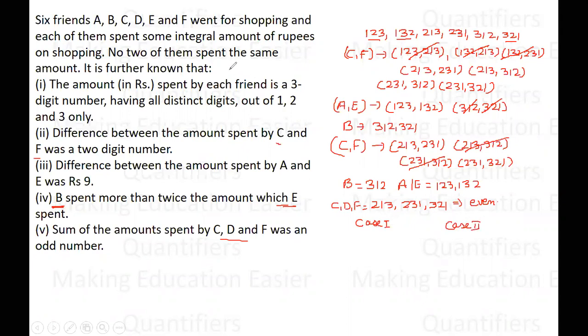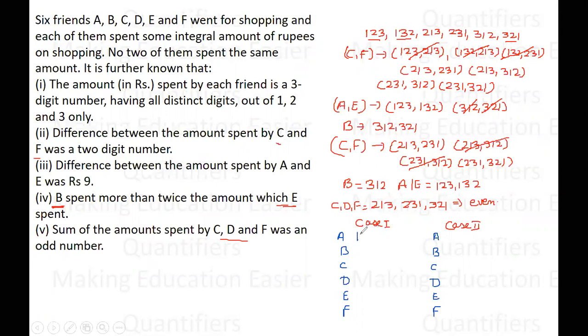Now it is very easy to make the cases regarding the amount spent by these 6 people. Now we know that A will spend either 123 or 132.